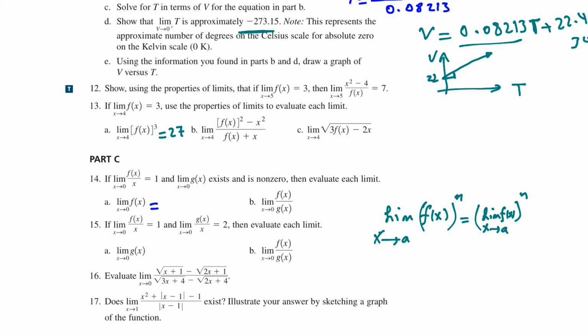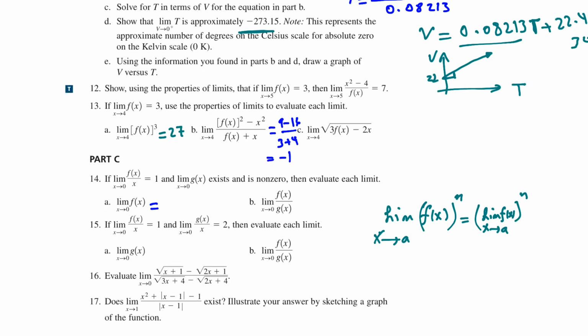The next part is the limit of a division, which is the limit of the numerator divided by the limit of the denominator. The limit of the numerator is 9 minus 16, and the limit of the denominator is 3 plus 4. It's negative 7 divided by 7, negative 1.